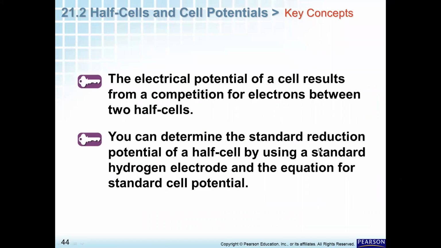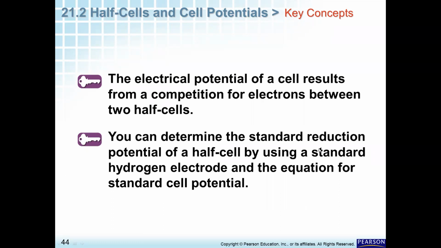But let me just summarize the things for you again, which is the fact that the electrical potential for any cell results from the competition for the electrons. You can determine the standard potential for a half cell by using the standard hydrogen electrode, because the hydrogen electrode has a value of 0. Then connect anything to it and measure it.